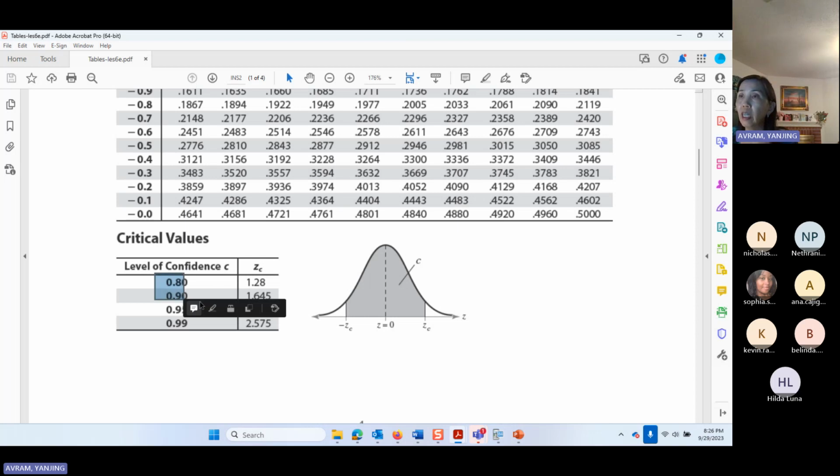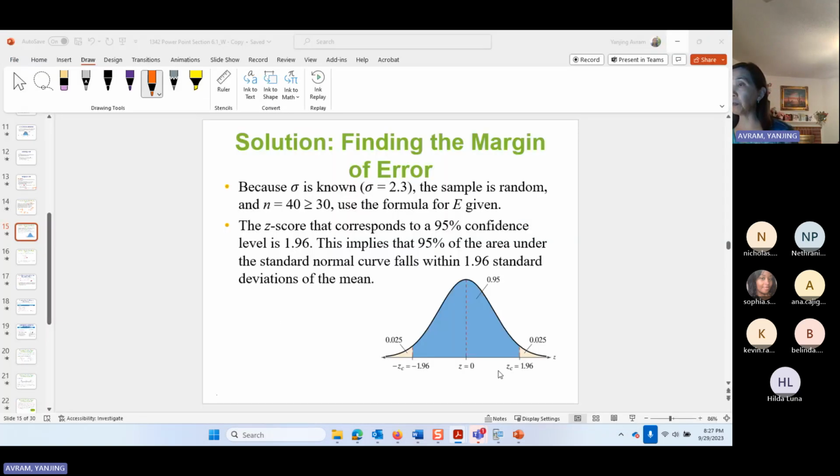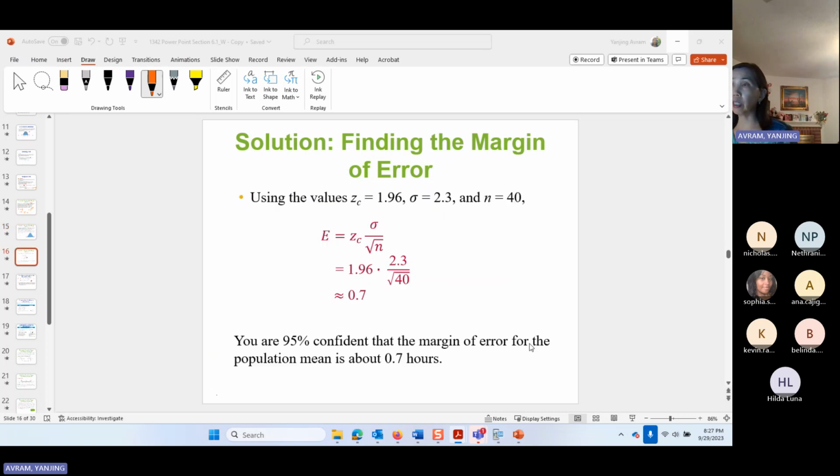We have an 80% level, the critical value will be 1.28. 90% confidence level, the critical value will be 1.645. 95% is 1.96. 99% is 2.575. Of course, one is positive, one is negative, just like this bell curve on both sides. So if you have one of these 4 numbers, you can come to the table and use it directly. If you don't, you can draw a bell curve and calculate on your own. I'm just showing you how to find this from the calculator.